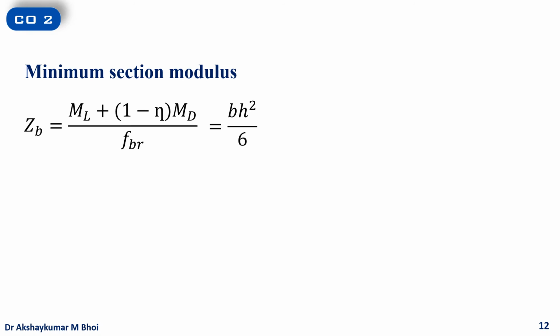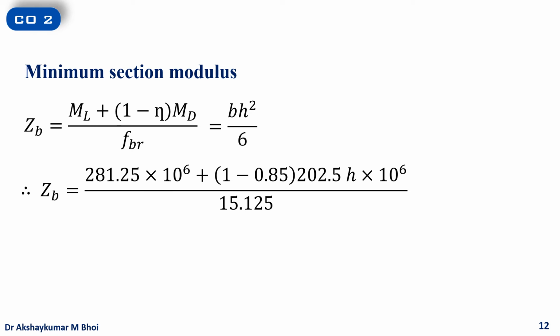Let's calculate the minimum section modulus. The minimum section modulus is given by ML plus 1 minus eta into MD divided by FBR. For the rectangular section, it can also be calculated as B into H square by 6.